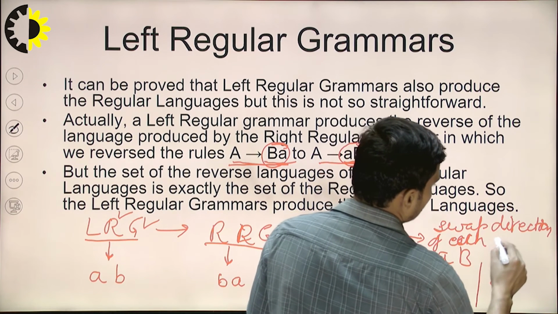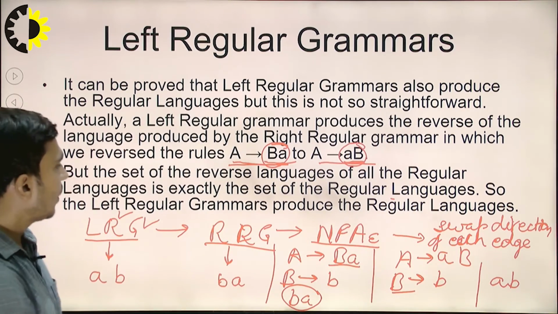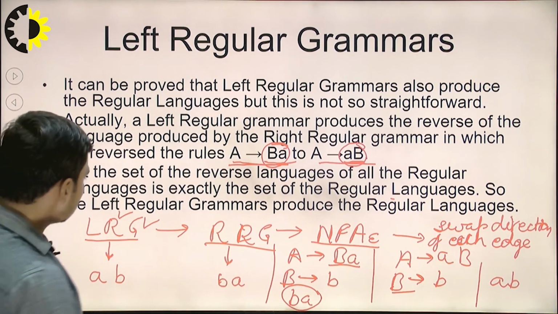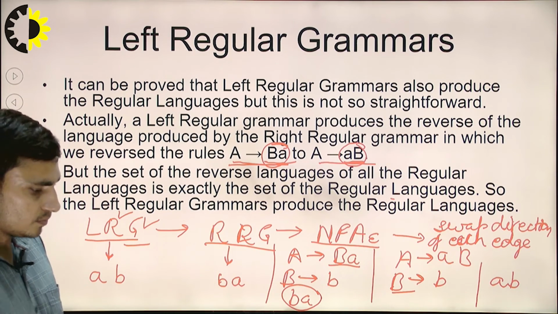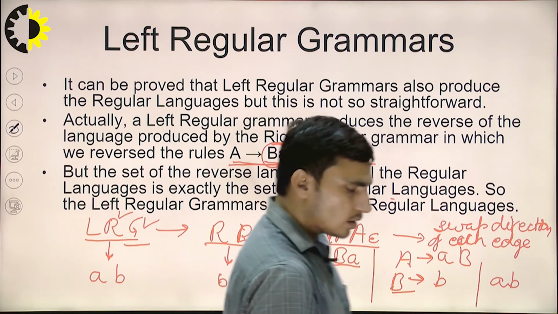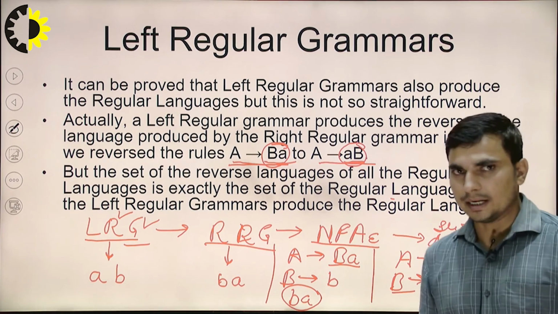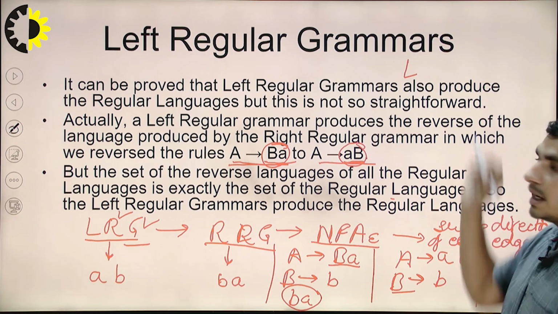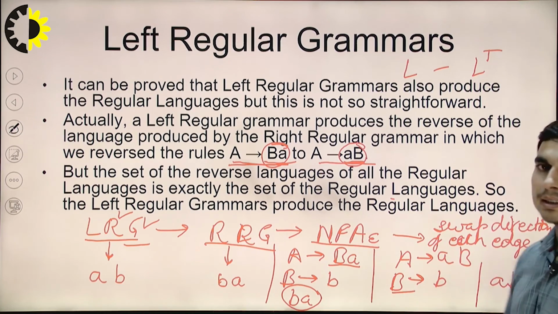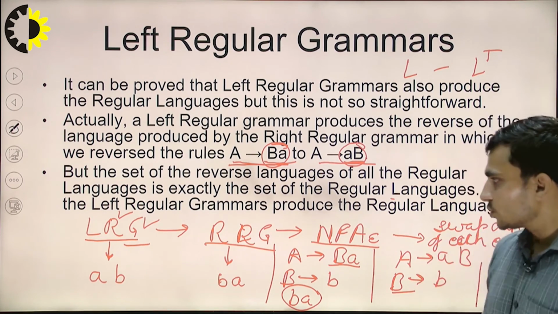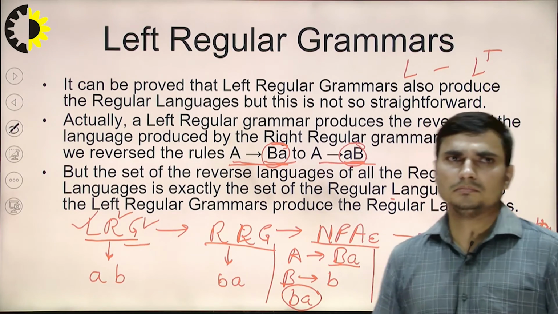In that case, we can get the NFA for this left regular grammar. When we talk about the decidability of regular languages, we know that if L is a regular language, then the transpose of L, or L^T, will also be a regular language. So we can show that this left regular grammar will also generate a regular language.